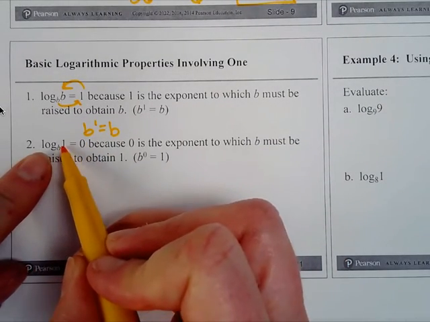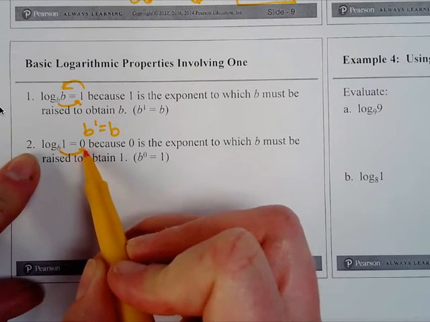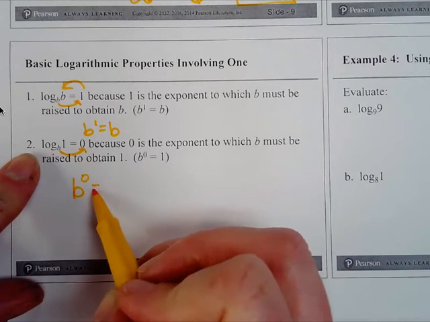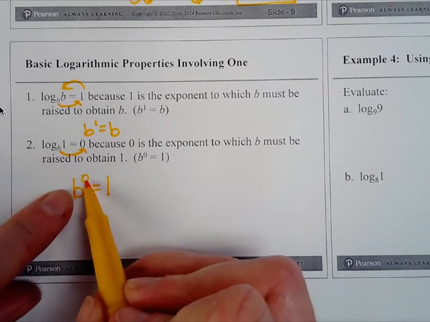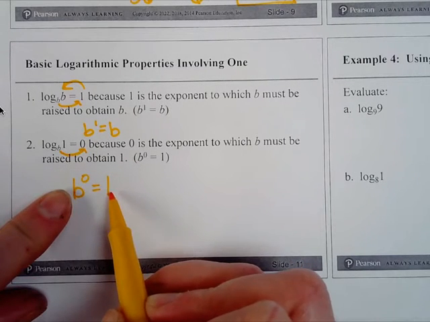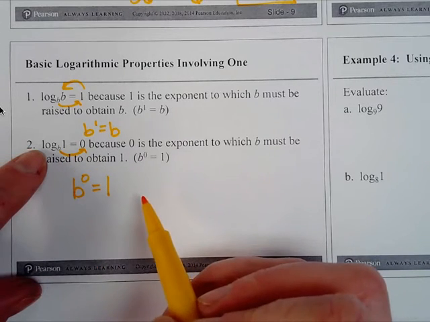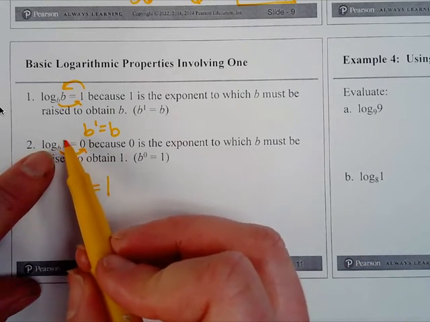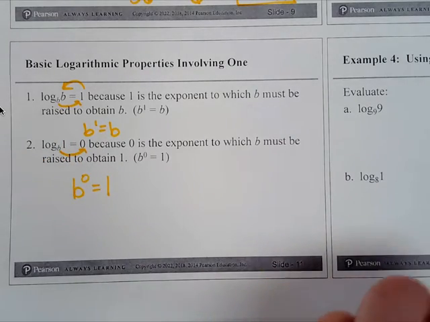If we have log base b of 1, b raised to the 0 power gives you 1. So anything to the 0 power is going to equal 1. So if you have a log that equals 0, then you know that 1 is right here. And b can be any number because any number raised to the 0 power equals 1.